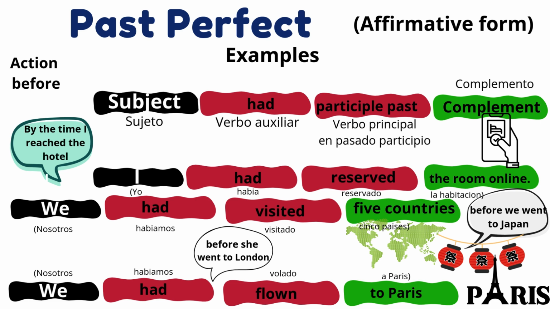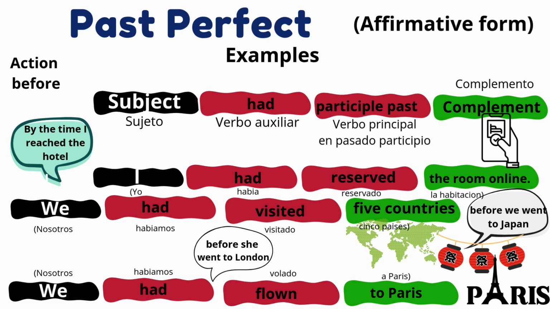Next example: we had flown to Paris before she went to London. Yes, two actions happen in each example. Two actions in the past.